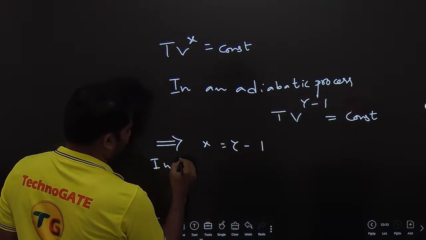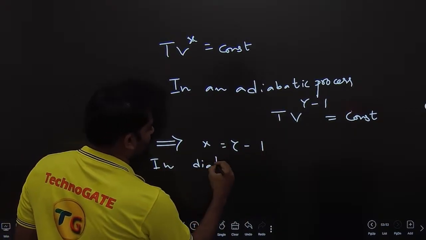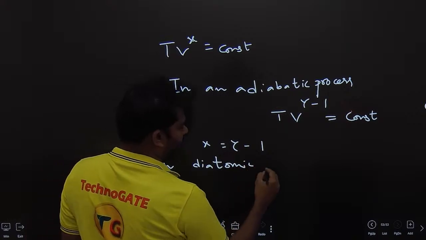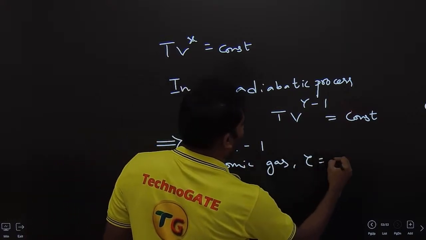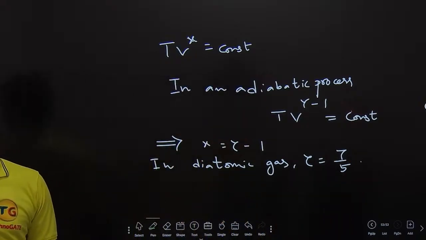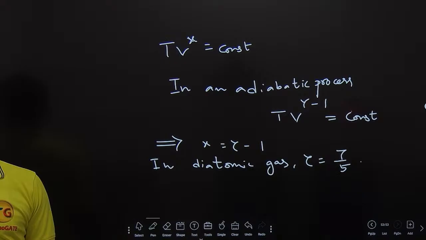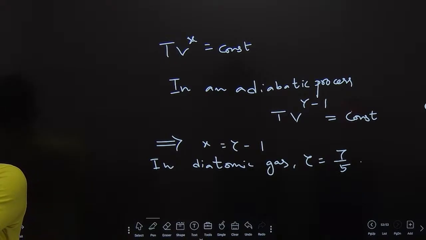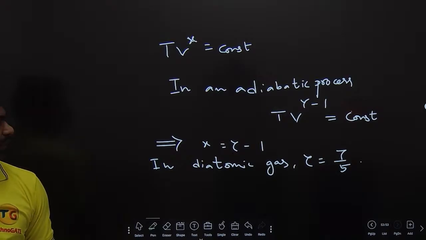And in a diatomic gas, the value of gamma is equal to 7/5. Let me check this. Yes, it is 7/5 only, correct.